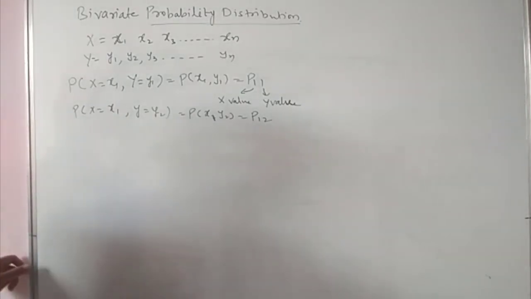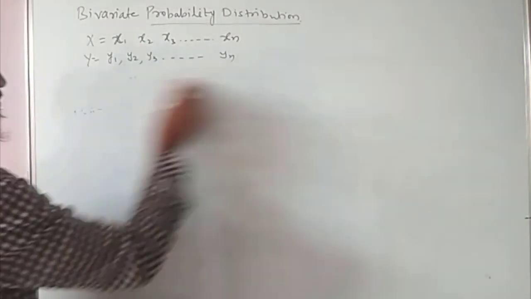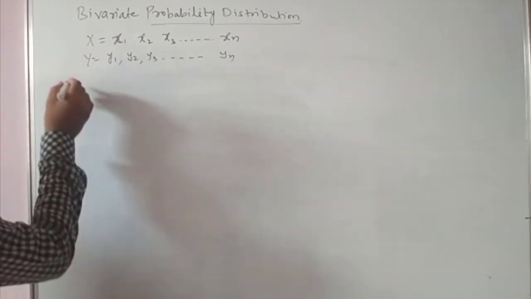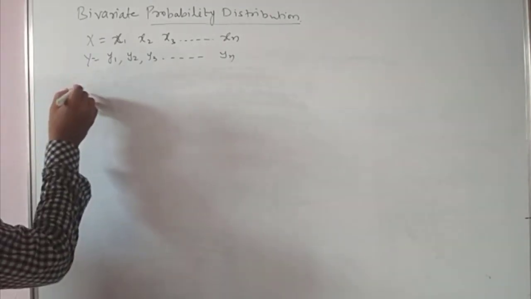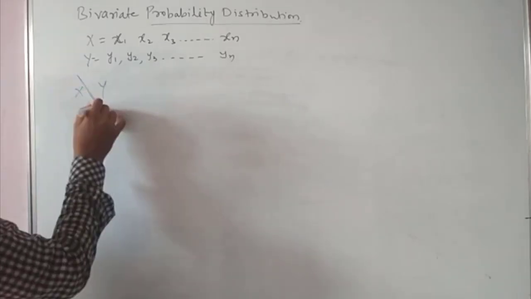So if you prepare a table by considering all these values, the table looks like this. Here, write down the capital X values and the Y values.